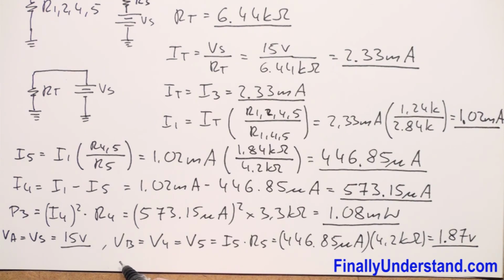Next, I'm supposed to find voltage VAB. VAB is the difference of these two voltages, so VA minus VB. And this is equal to VA, 15 volts, minus VB, which is equal to 1.87 volts.